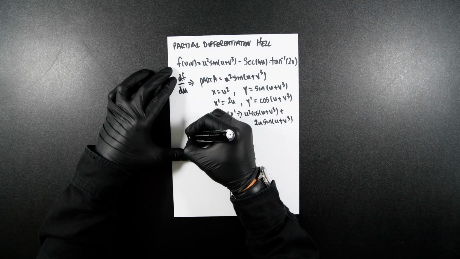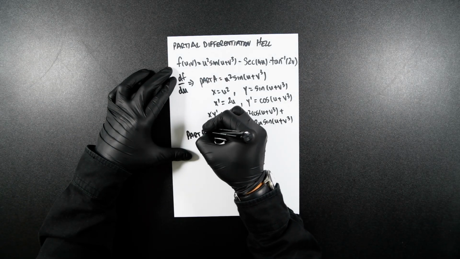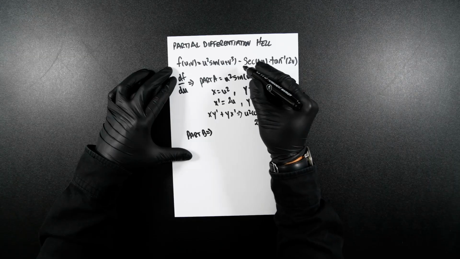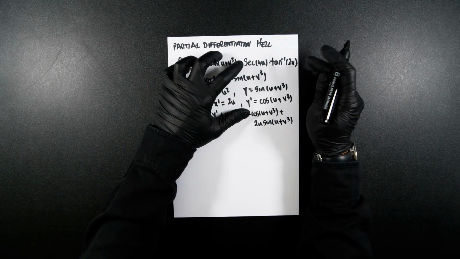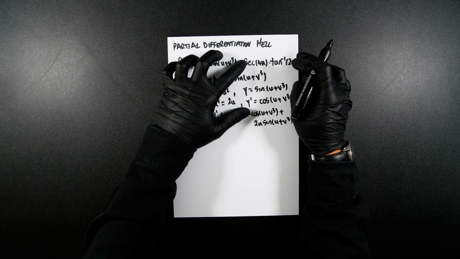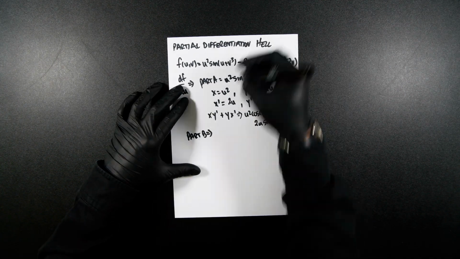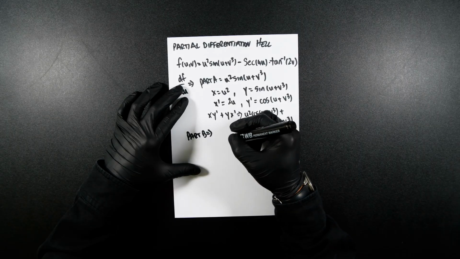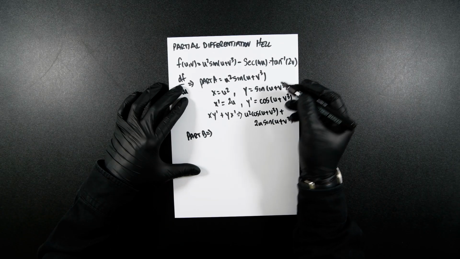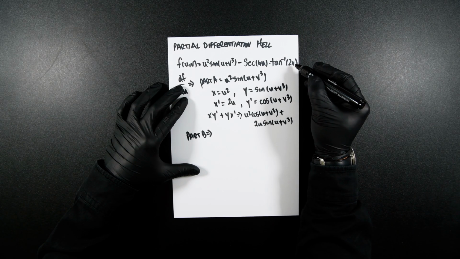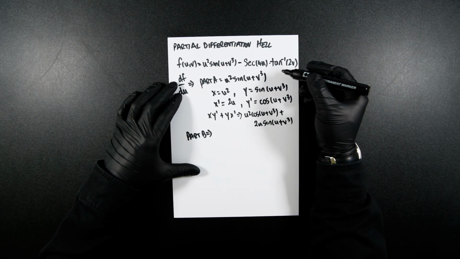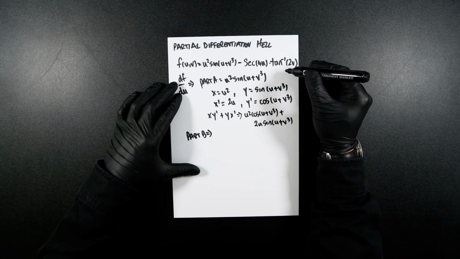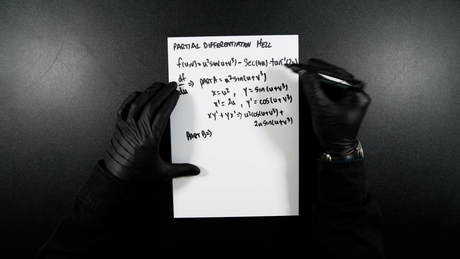So now let's start on part B, which is this horrible monstrosity. I know there's a negative here, but I'm just going to focus on this, and then we'll bring that negative back in later. So thankfully, because this contains a v in it and we're differentiating with respect to u, when you do partial differentiation, you hold the value that you're not differentiating as constant.